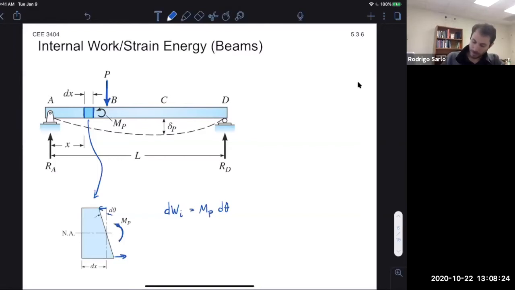And so all we need to do to find the strain energy or the internal work across the entire beam is simply sum all these infinitesimal elements together. And obviously when we're talking about infinitesimal elements, when I say sum, I really mean integrate, okay? So sum over the entire beam.